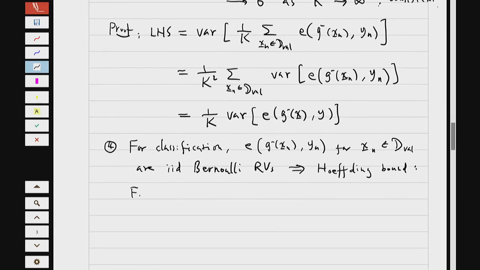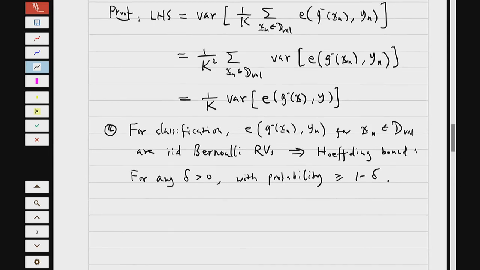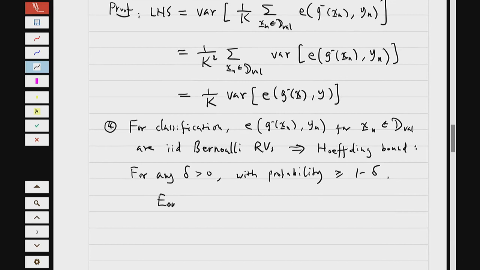This says that for any delta, I'm going to write down the final one, skipping the epsilon stage. With probability greater than or equal to 1 minus delta, E out of g minus is upper bounded by E val of g minus plus square root of 1 over, previously we have 2m when we use the Hoeffding bound.